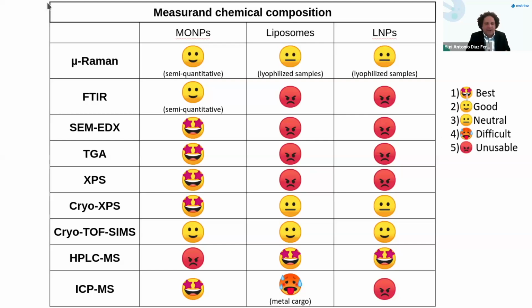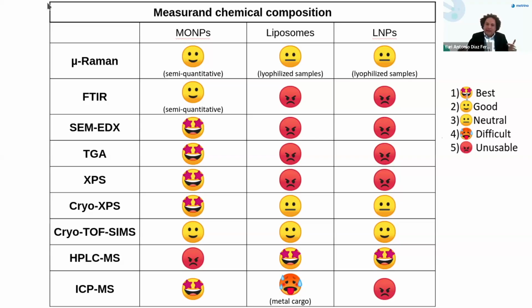You can rely on ICP-MS to analyze metal oxide particles. If you have liposomes that contain some sort of metal inside, you will struggle a little bit because metal concentration may be a problem, and then you will have problems with the size. And if you go to pure lipids, it will be quite hard to analyze.